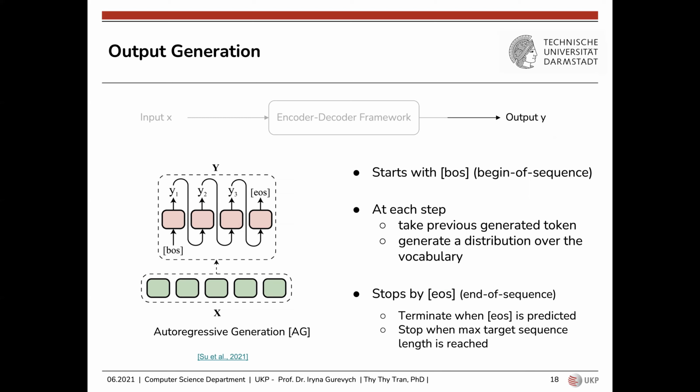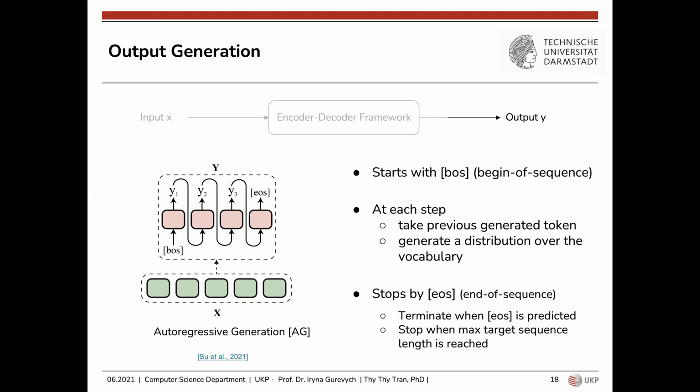So at each time step, the model computes the score of each token in our vocabulary, taking previous generated tokens as input. The model will continue generating until it produces the end of sequence token, or when the generated sequence reaches the maximum length.